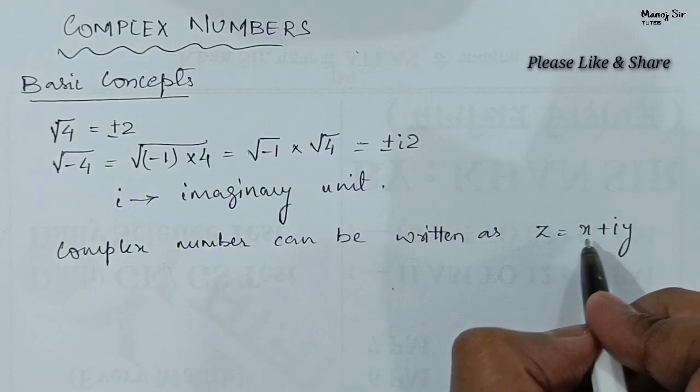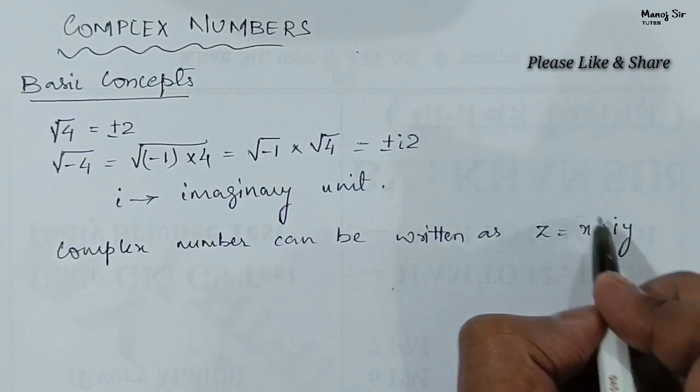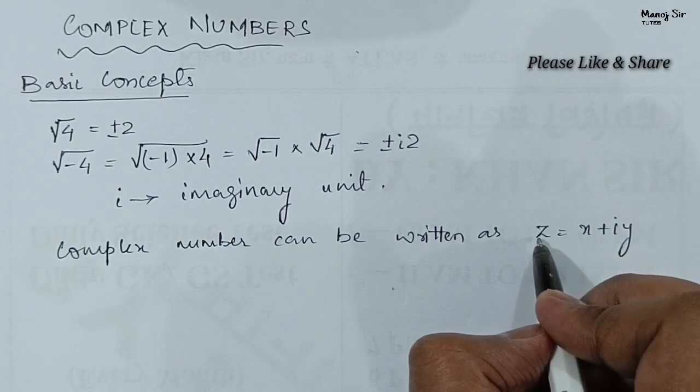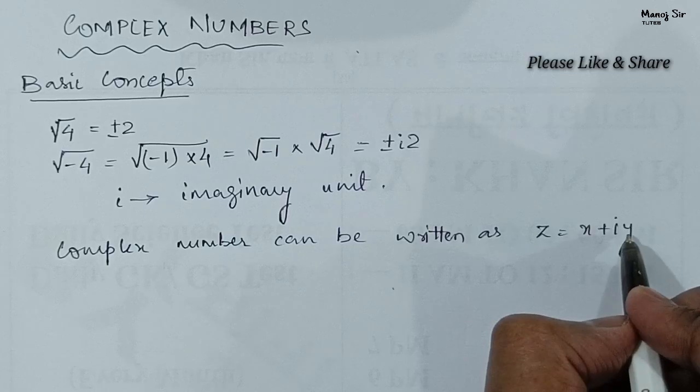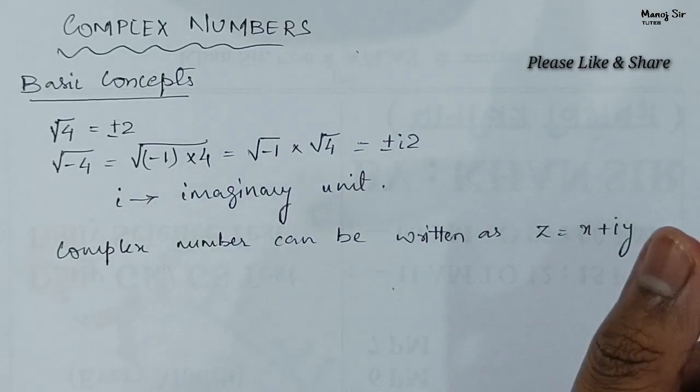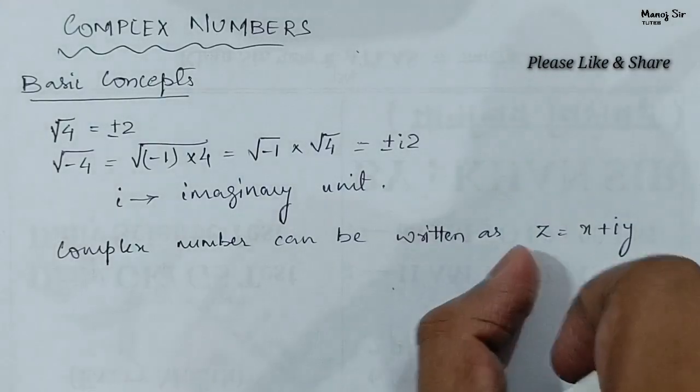Here we have a plus sign, so we have two terms. This x is the real part of complex number z, and this y, not i, is the imaginary part of the complex number z.